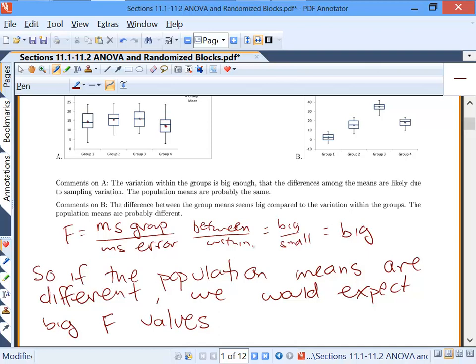Which means that if my population means are the same, what would you expect from your F statistic? You would expect small values.